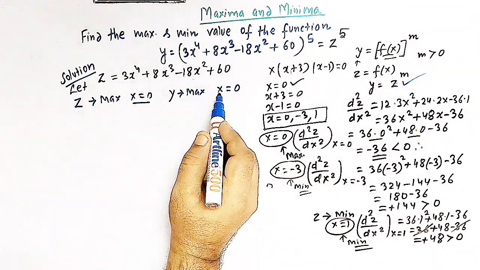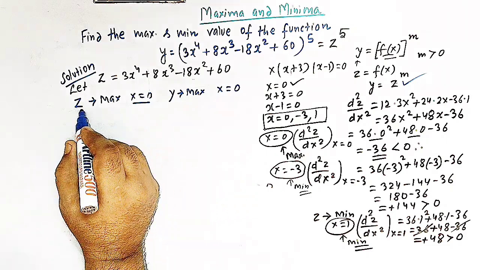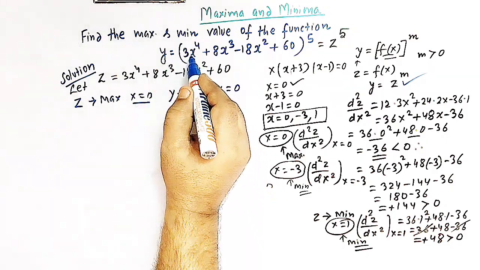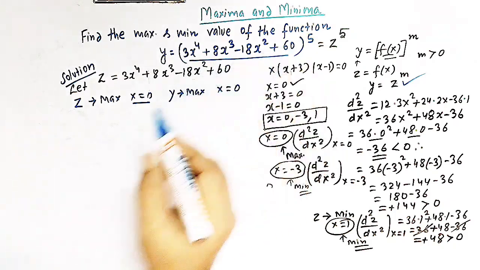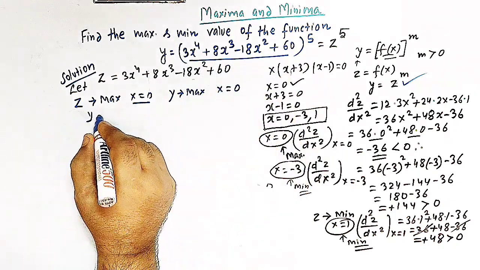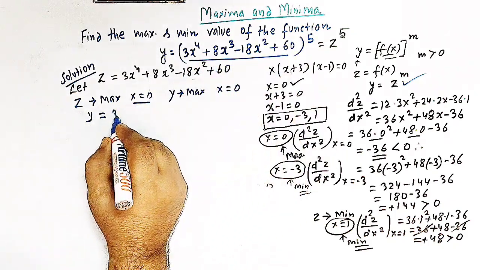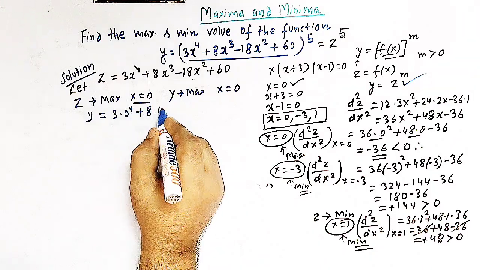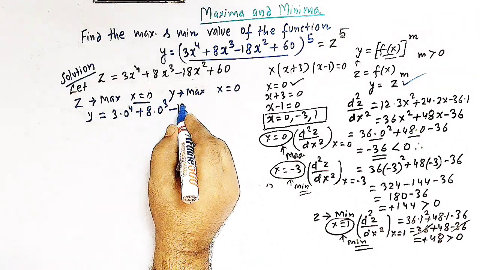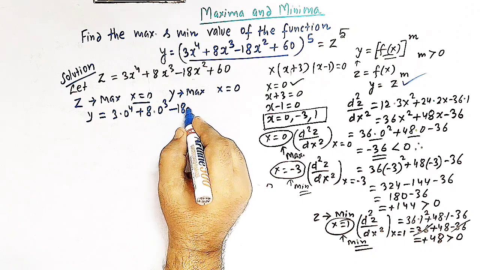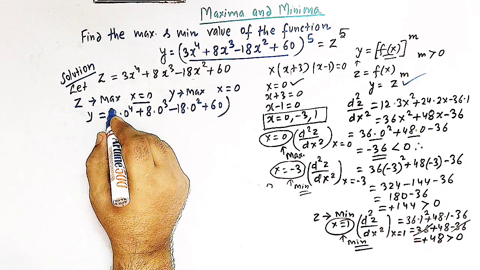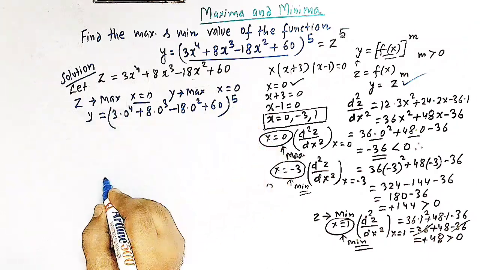Okay, so now here we can find out the maximum value of y by taking x is equal to 0 in this expression. So y is equal to 3 times 0 raised to 4, then we have 8 times 0 raised to 3, then we have minus 18 times 0 square plus 60 raised to 5, right?